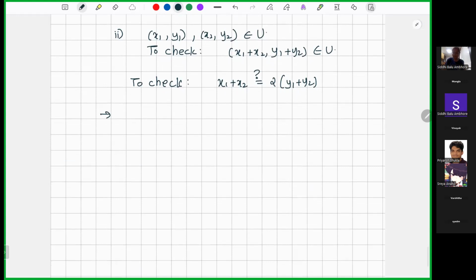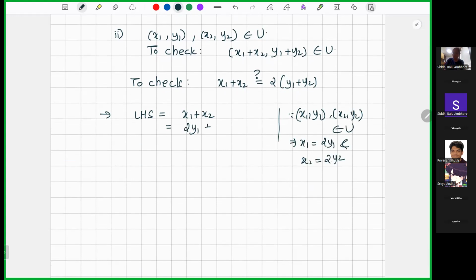Okay, if I start with the LHS, it is x1 plus x2. But since x1, y1 belongs and x2, y2 belongs to U, this implies that x1 is 2y1 and x2 is 2y2. So this is 2y1 plus 2y2, just substituting what I have. And then this is 2 times y1 plus y2, and this is what I wanted to check.